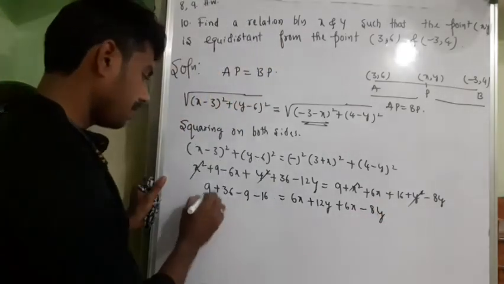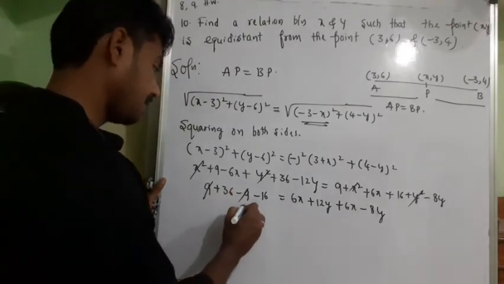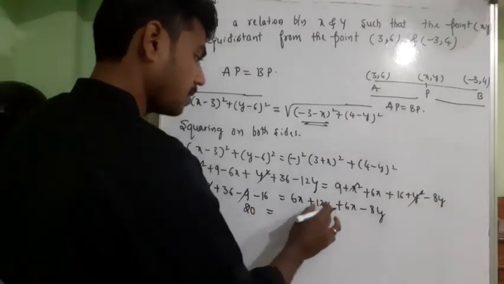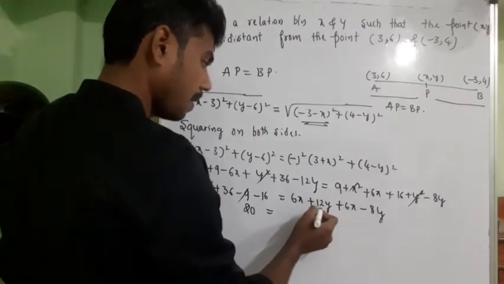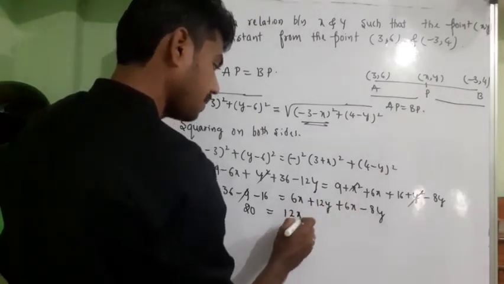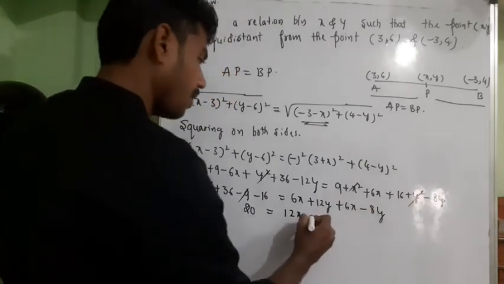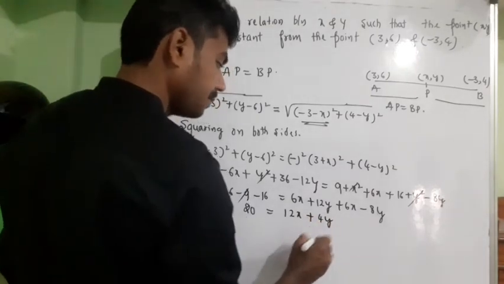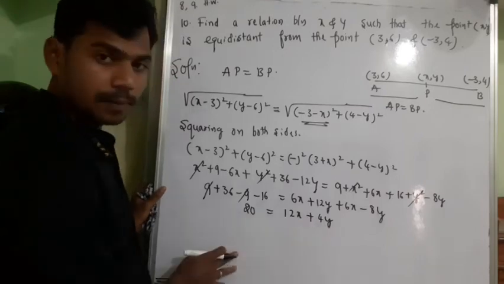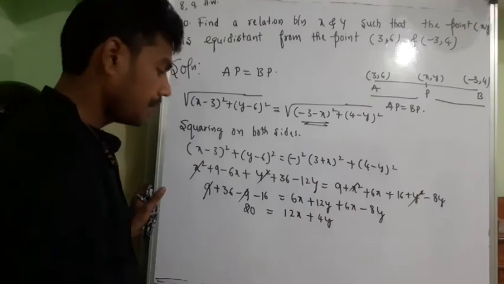So what do we have? This 9 will get cancelled. 36 minus 16 is nothing but 20. So 6x plus 6x, 12x, 12y minus 8y, 4y. Okay. Now all are multiples of 4.